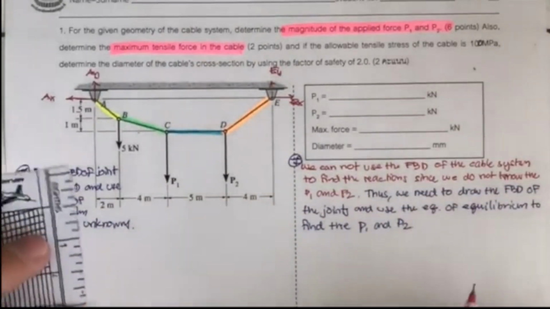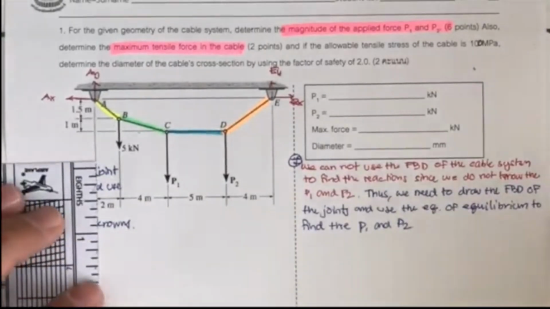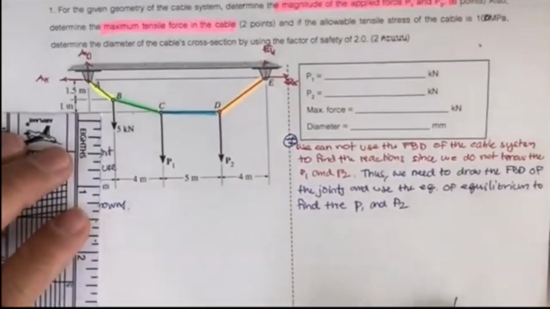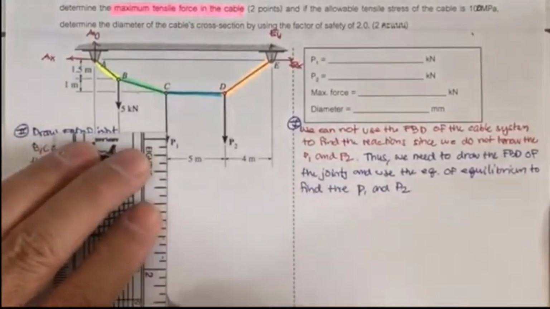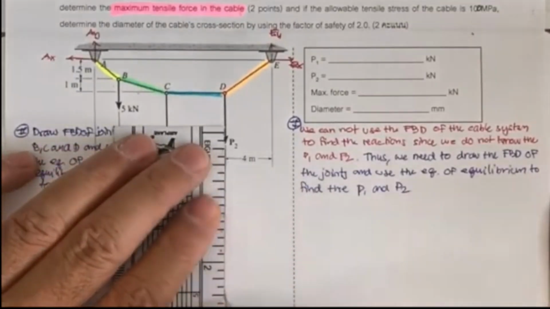Okay, if that is the case, we are supposed to project what we have here downward and draw each joint properly.